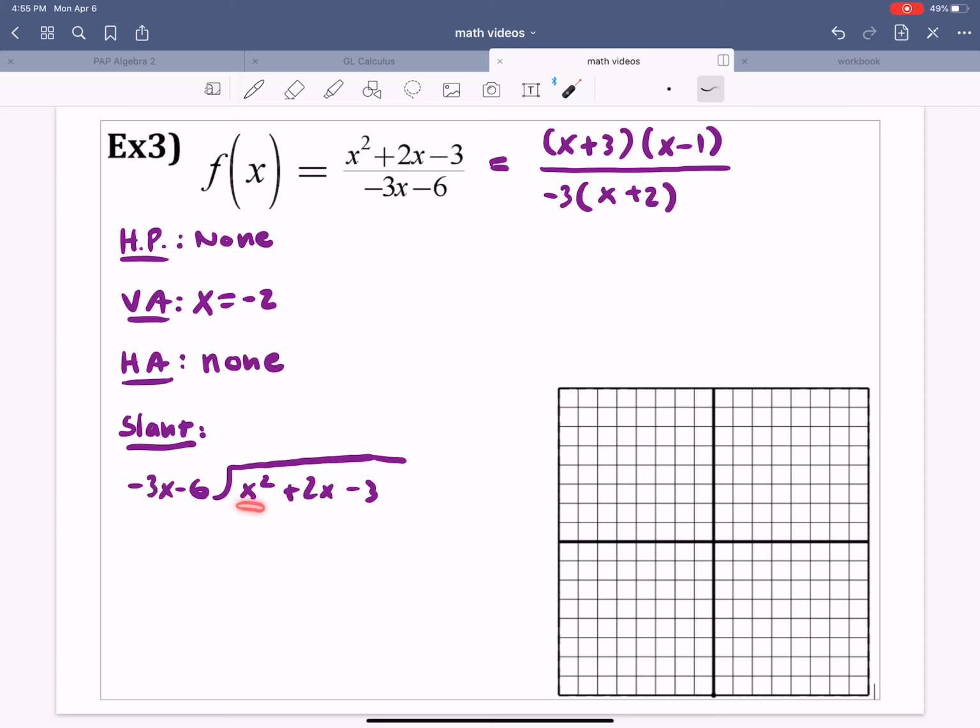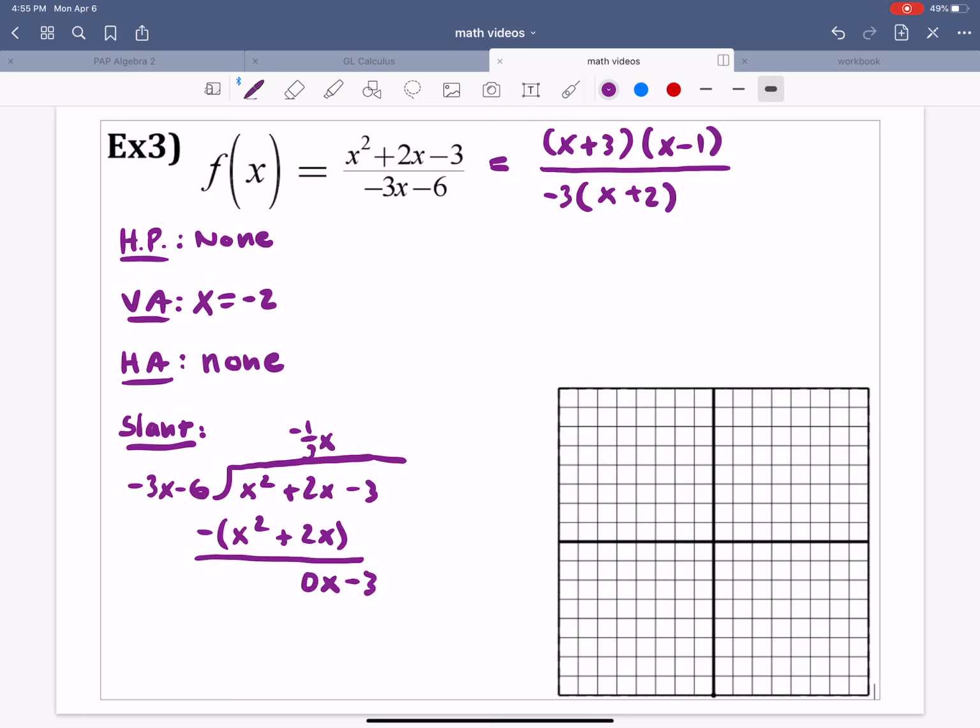So that's x squared divided by -3x. Well, when I do that, I get -1/3 x. Now we multiply. -1/3 x times -3x is x squared, and that's going to be plus 2x. After we do the multiplication, we subtract each column, and we end up getting 0x minus 3.